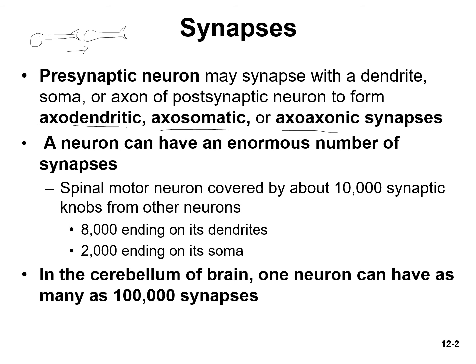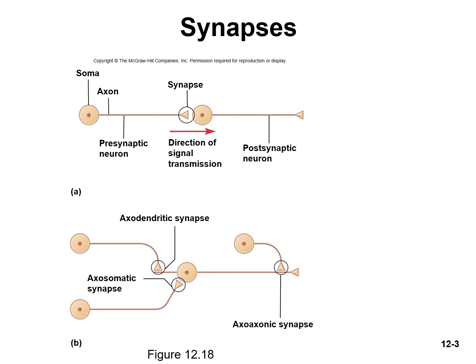You can have an infinite number of synapse configurations, and you can have synapses occurring all along the soma and all along the axon or the dendrites. So a single motor neuron is covered by, on average, about 10,000 synaptic knobs from other neurons. 8,000 that are ending on its dendrites and 2,000 that are ending on its soma. And then in the cerebellum of the brain, a single neuron can have as many as 100,000 synapses. So it's really quite remarkable just how many connections can occur within our nervous system.